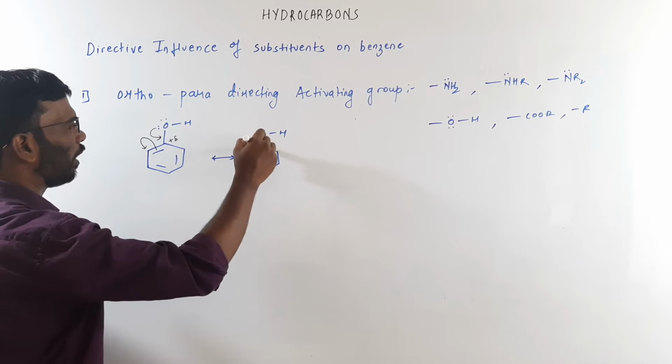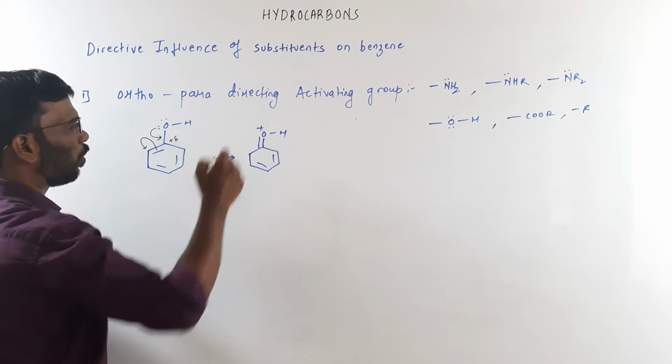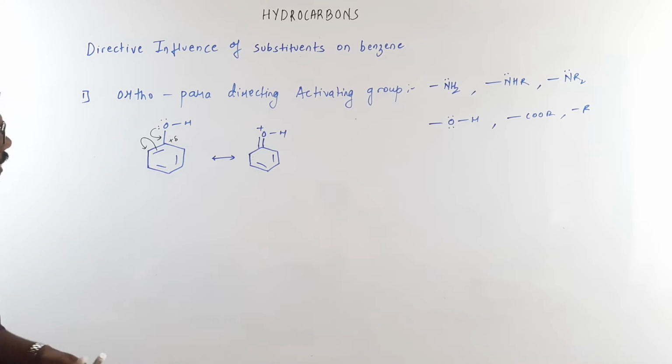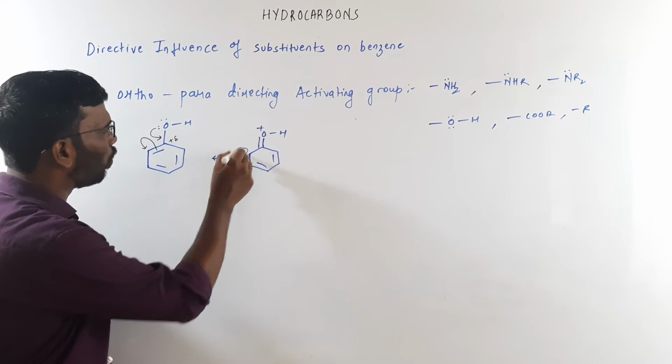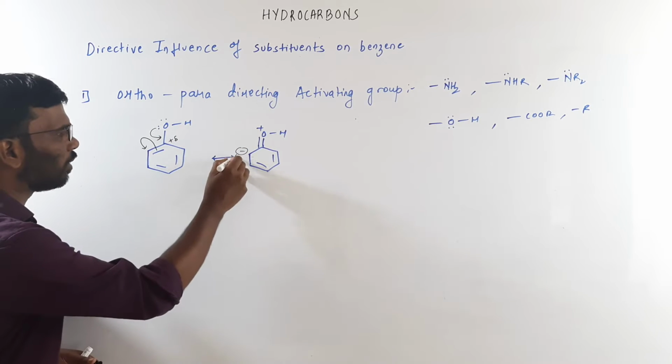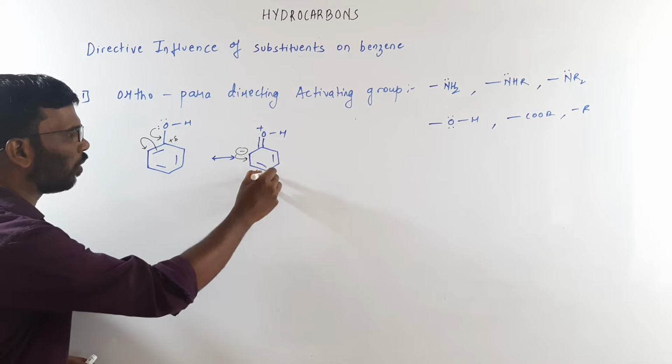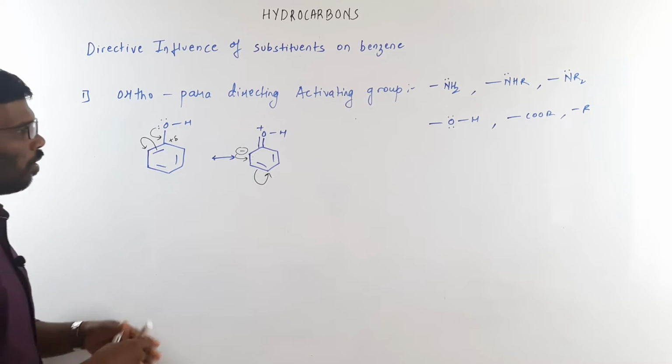Right, and here there will be a double bond and the positive charge, and what you can see is that a negative charge will be formed over here. Further, this is how the resonance is going to take place on the ring.